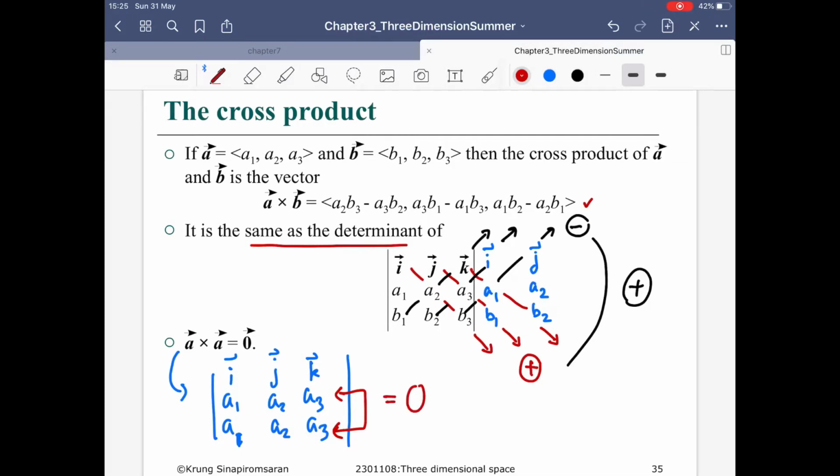So it means that your A cross A becomes 0, but don't forget that this time it is a cross product or a vector product. So the 0 that we're talking about is a 0 vector. So you got 0, 0, 0 in each of the components.